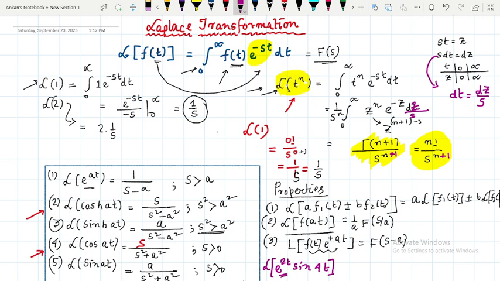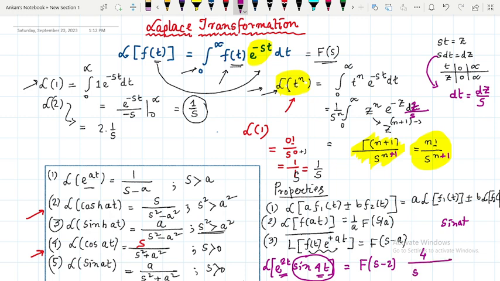Here the exponential term is present with a positive exponent, and another function, sine 4t, is present. So the Laplace transform becomes F of s minus 2. Now you have to evaluate the Laplace transform of sine 4t. You know that the Laplace transform of sine at is a by s square plus a square.